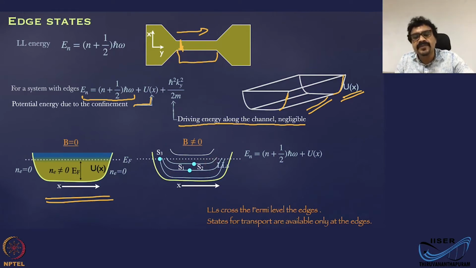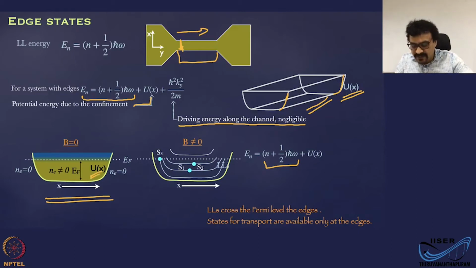Now, the energy is given by the quantization energy because of the field plus the potential. There is also another term, but for the time being I'm going to neglect that because it is very small. So at the bottom of the well, or in the bulk, you have only the quantization term, n plus 1 by 2 h bar omega, because the u of x term is not appreciable there.